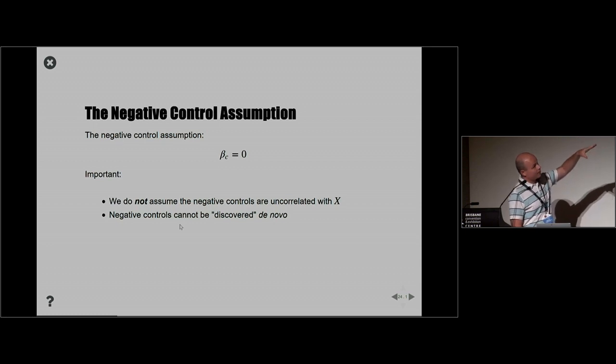What defines the negative controls, and how we have to choose them, is that they are things that we know a priori are unaffected by the factor of interest. Okay? So in the case of the spike-in controls, that works because we know that these are spiked in exogenously. They're not affected by gender.